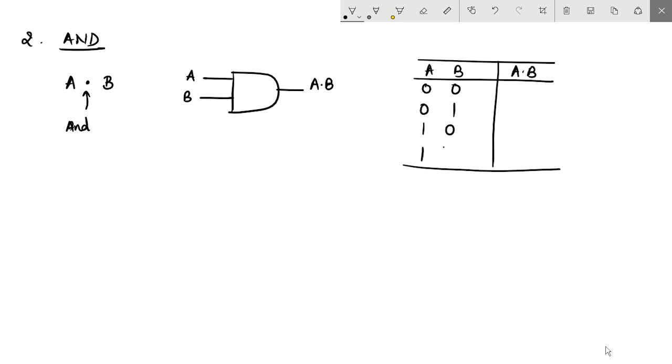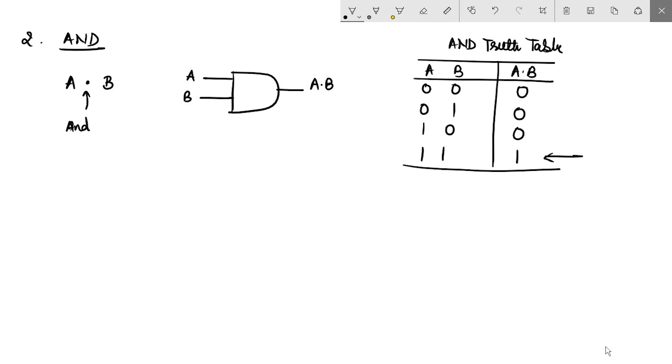If both inputs are 0, its output is 0. If any one of the inputs is 0, the output is still 0. So 0 and 1 is 0, 1 and 0 is 0, 0 and 0 is also 0, 1 and 1, however, is 1. So for an AND operator to give us a high output, we need both of them to be 1.